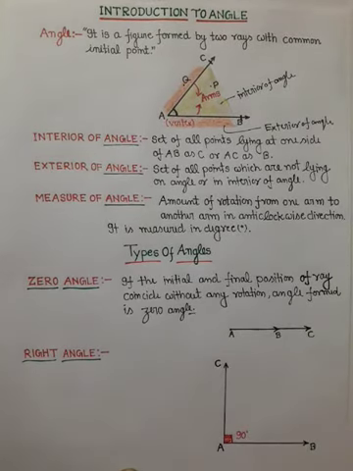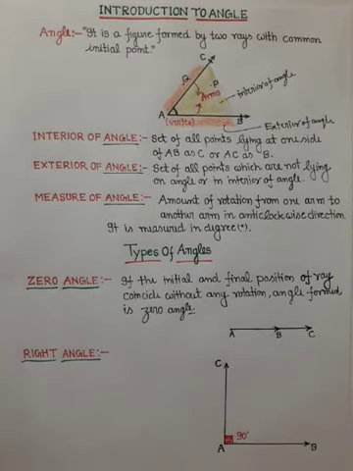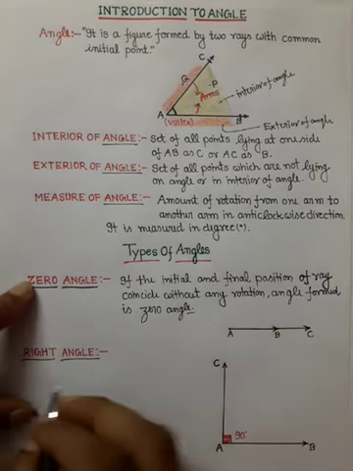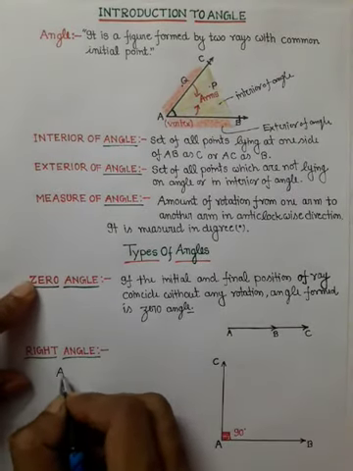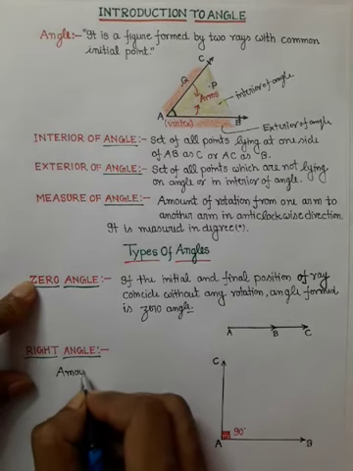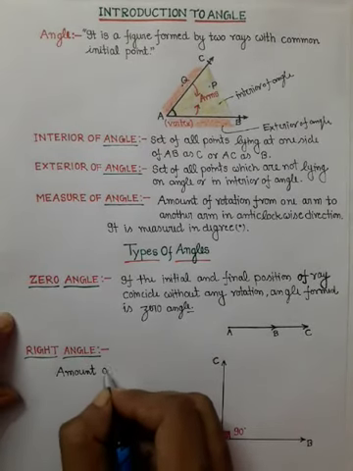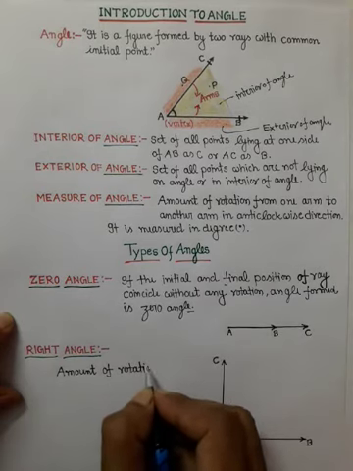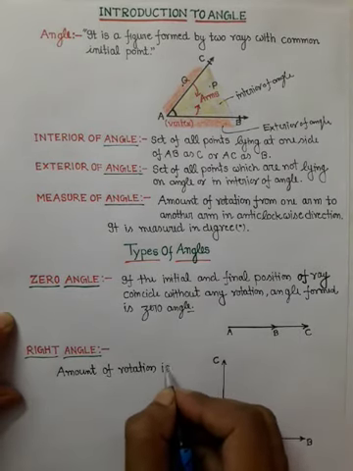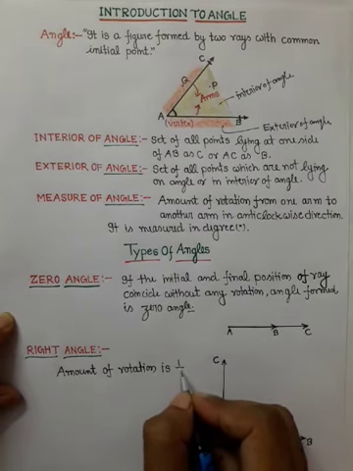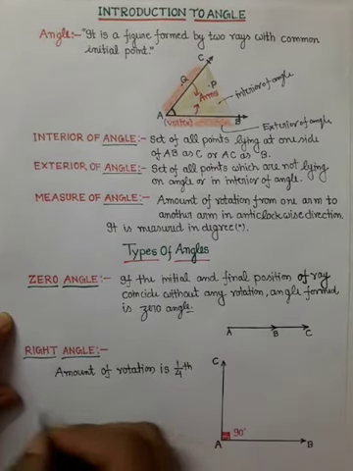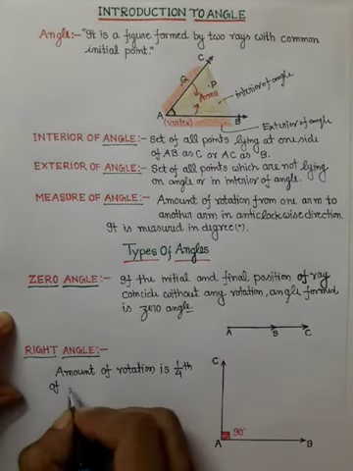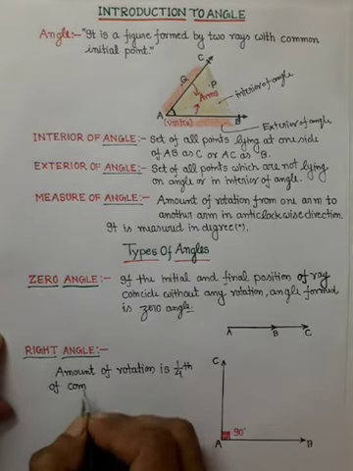How can we define it? Here the amount of rotation is 1/4 of a complete revolution.